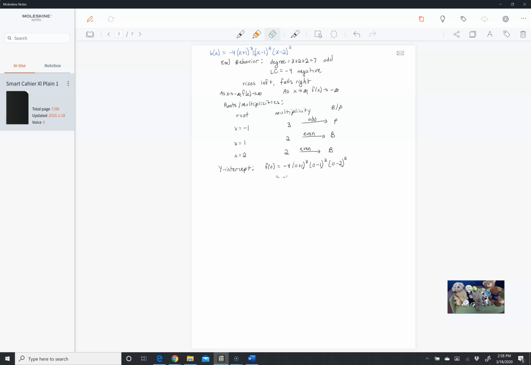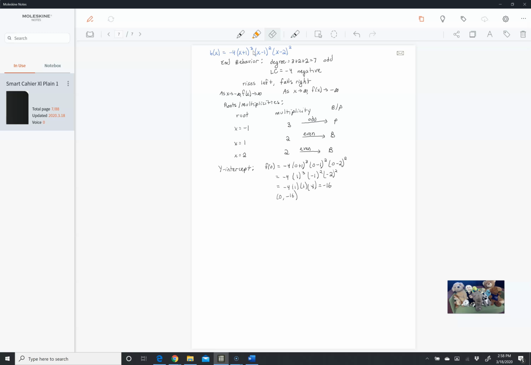So that's -4 times 1 cubed times (-1) squared times (-2) squared. This gives us -4 times 1 times 1, because the negative is getting squared, times 4. Again, the negative is getting squared. So we get -16. So our y-intercept is (0, -16).